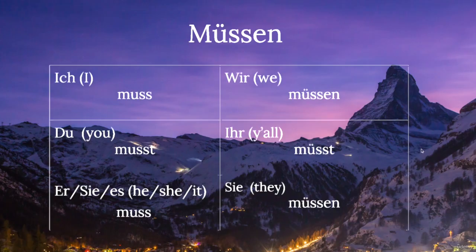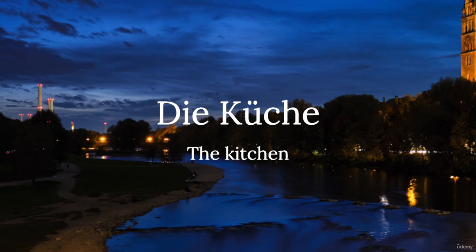Ihr müsst. Sie müssen. As you can see, the first three forms are without Umlaut. The kitchen in German means die Küche.